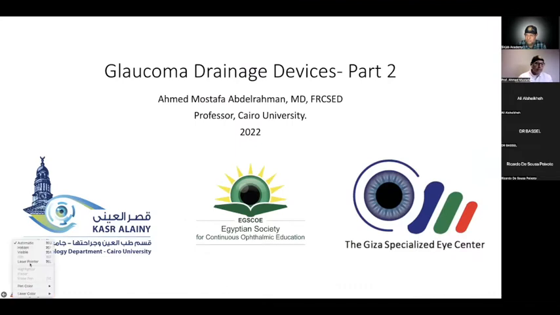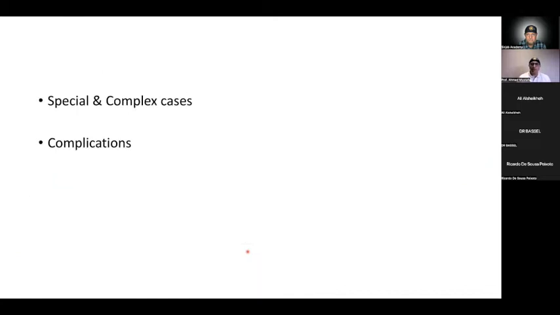Yeah, thank you. So if you just remember from the last time, we mentioned some basic information on the valves. I hope to touch upon that information as we go through the presentation. The first part covers the types of implants, and I was happy that some of the colleagues are using the Baerveldt and what's similar.